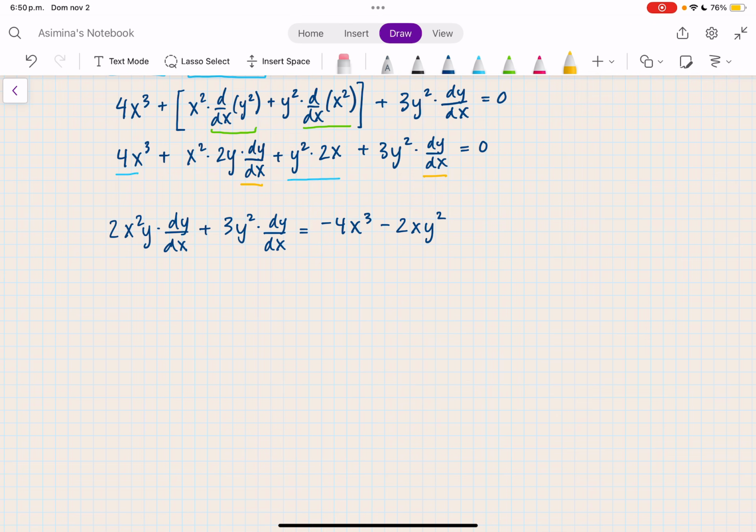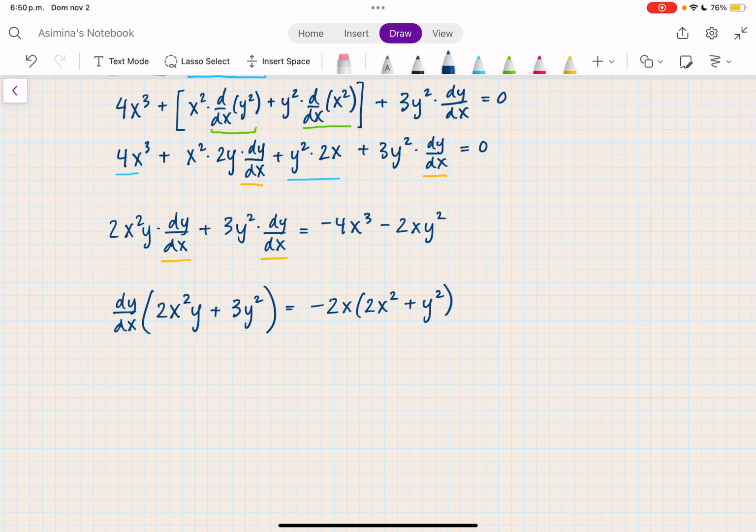Now if I factor out the dy/dx from both things here, I get dy/dx times 2x squared y plus 3y squared. And on the right hand side, I can factor out a minus 2x. So this becomes minus 2x times 2x squared plus y squared.